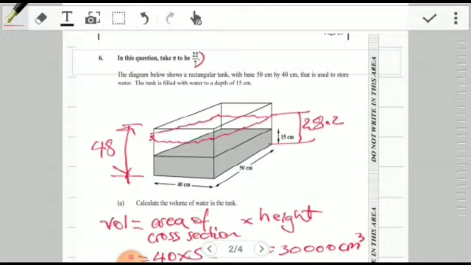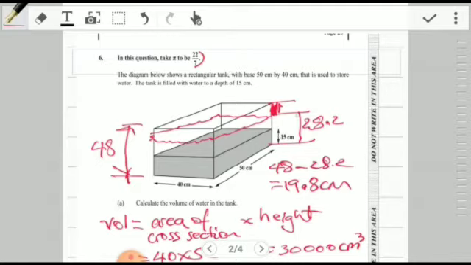So we can know the remaining height left. We simply take 48 minus 28.2, and that gives us 19.8. So we have 19.8 centimeters of empty space up here. This is where the 19.8 is, that little spot there.